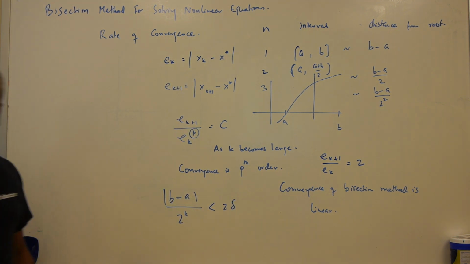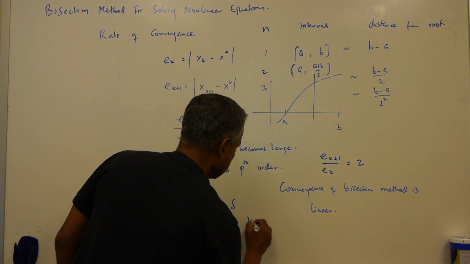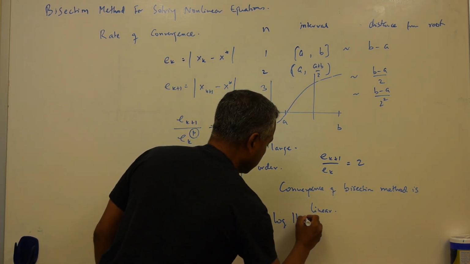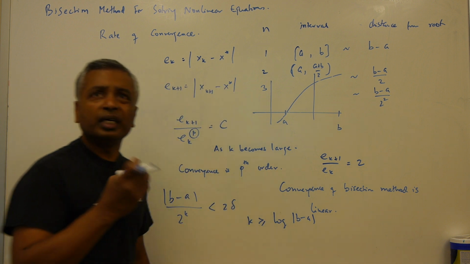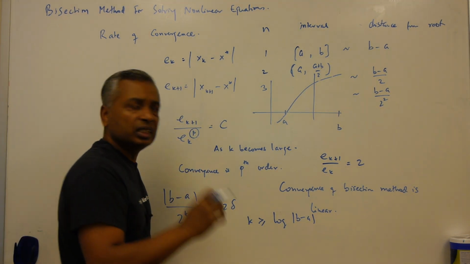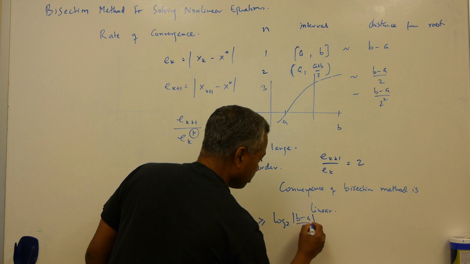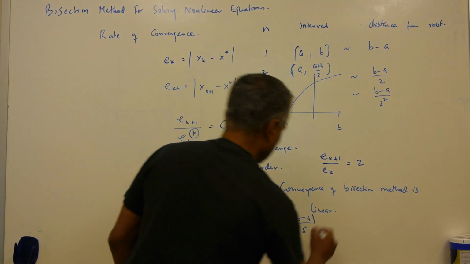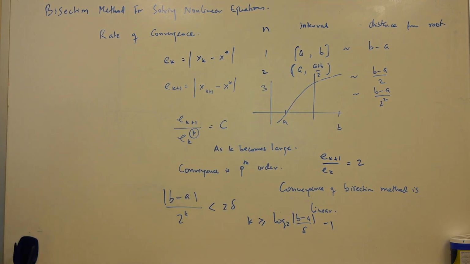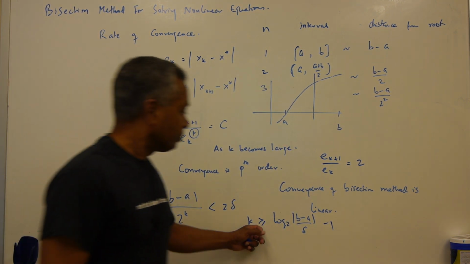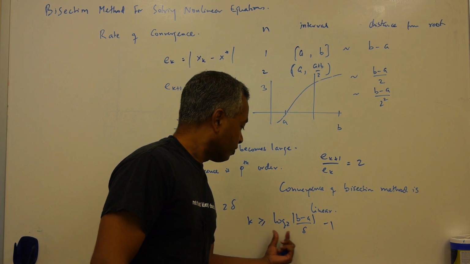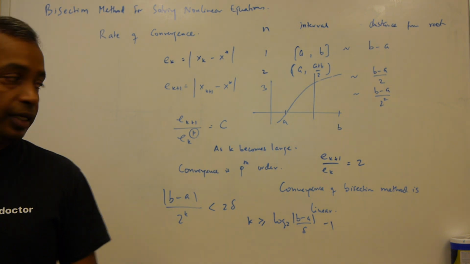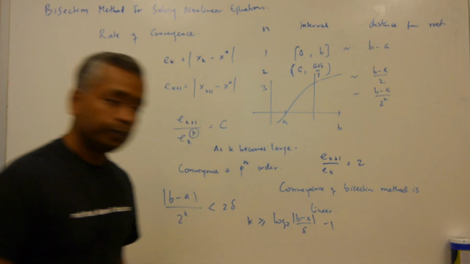You can solve this, and you'd get k is greater than or equal to log of b minus a divided by delta over log 2, and I guess there is a minus 1. Or roughly, you will need log of the interval divided by delta iterations to get the error down to delta over 2.